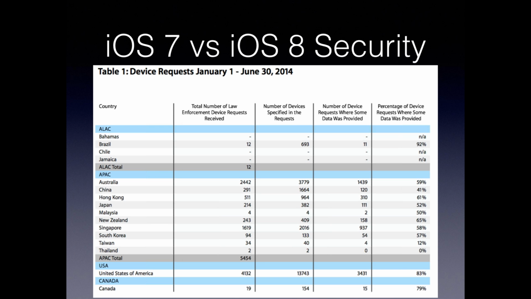USA has a total of 4,132 device requests within those 6 months, totaling a total amount of 13,743 devices. So when they make these requests, there is about 4,000 actual device requests, but that included a grouping of over 13,000 devices. Only 3,431 of those device requests resulted in obtaining data, or about 83%.